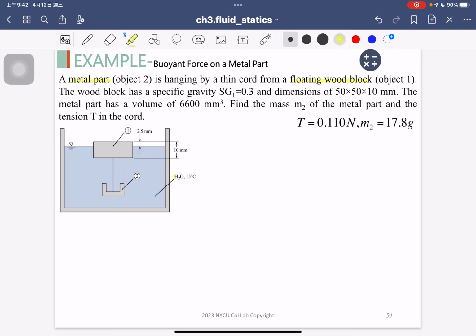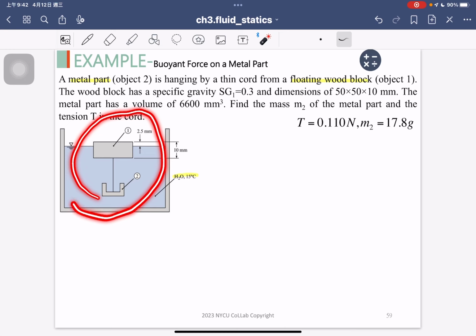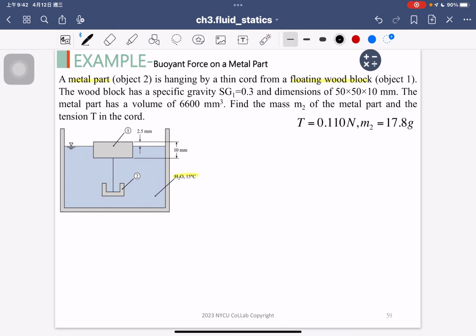The liquid right now is water, so we just put the wood and the metal inside the water. This figure shows the final balance we have. So we draw some body diagrams.